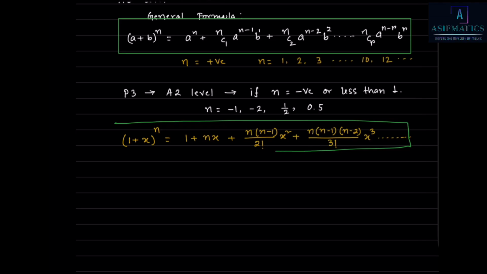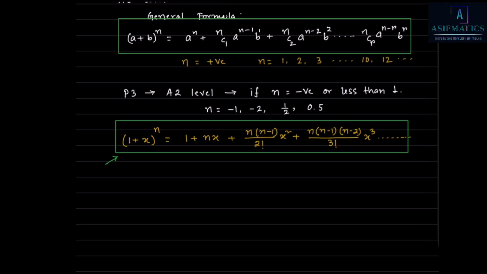This is your general formula for binomial expansion when n is negative or less than 1.